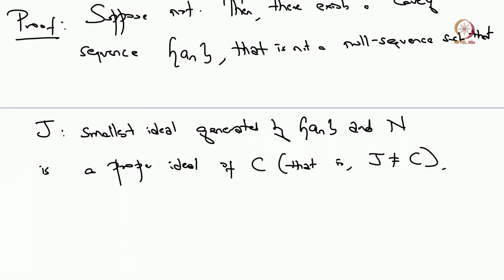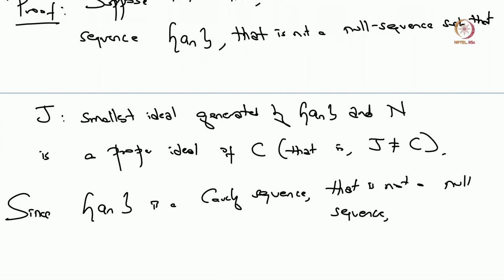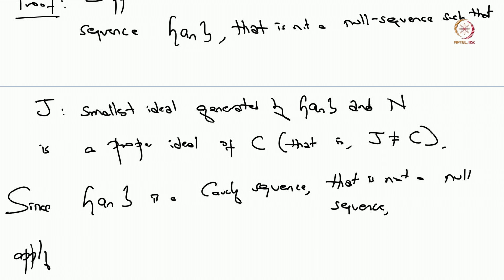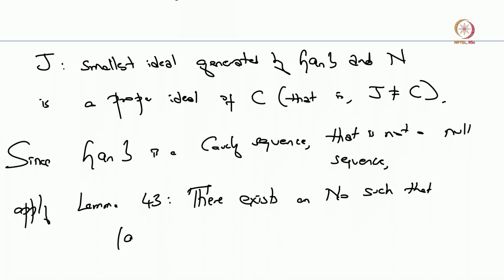Okay, since the sequence a_n is a Cauchy sequence that is not null, you again apply lemma 43, you get an n naught such that eventually the p-adic absolute value of a_n matches the p-adic absolute value of a_{n naught}, and that's not 0.